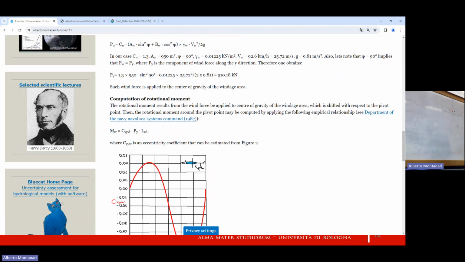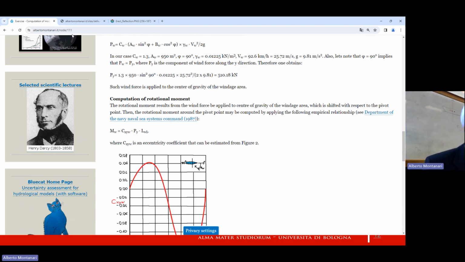Yes, XYW, length water line. This is E, and this is the rotational moment. This is quite simple because this is given in our data, and this is also given in our data. So we can compute the rotational moment in this way.